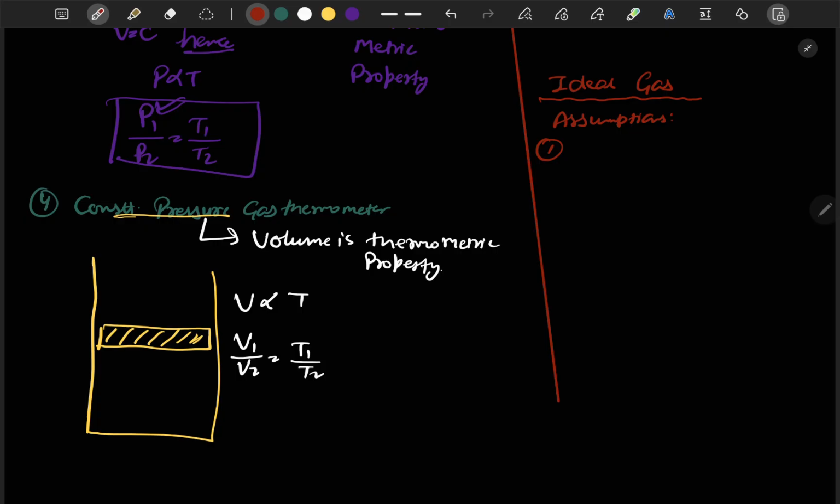Assumption number one is negligible intermolecular forces. The second is that the volume occupied by gas molecules is negligible compared to the container volume.